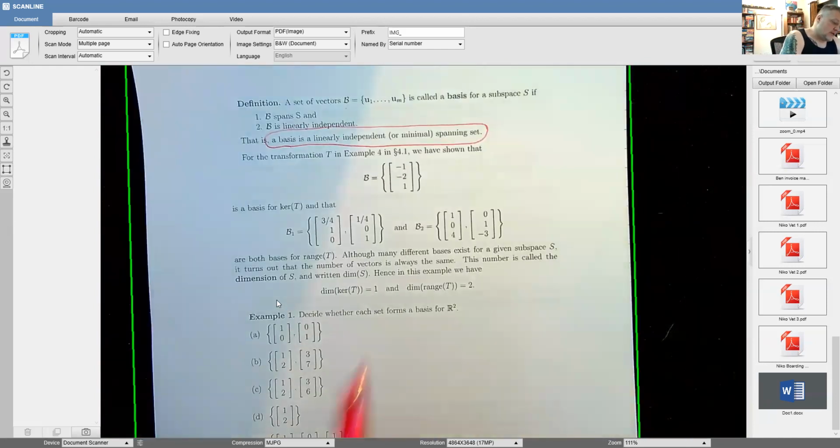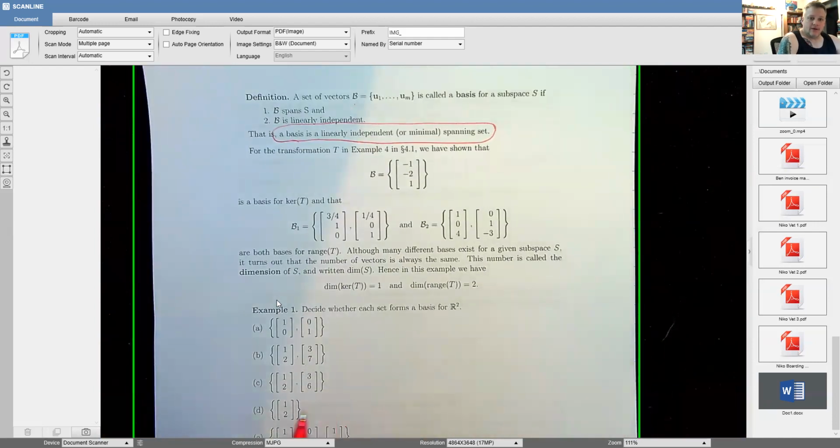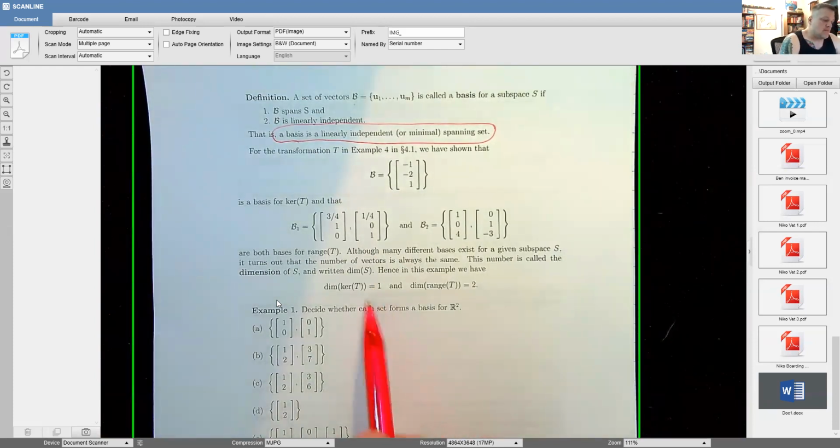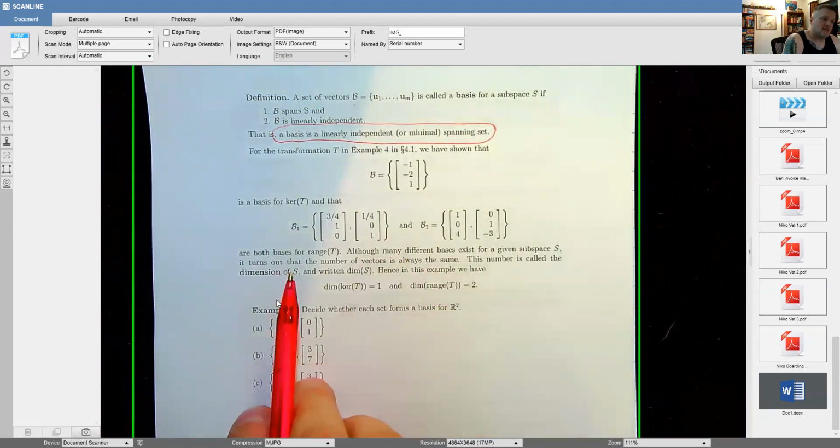All right, and so here you can have a lot of different bases, right? You can turn things, right? So if you rotate everything by any angle, those vectors are still linearly independent, but they're different vectors, and they'll still span because they still are linearly independent. And so it's the number of vectors in the space that you want that are of interest. And so note this, that no matter what basis you take of a subspace, the number of vectors you need can't change.